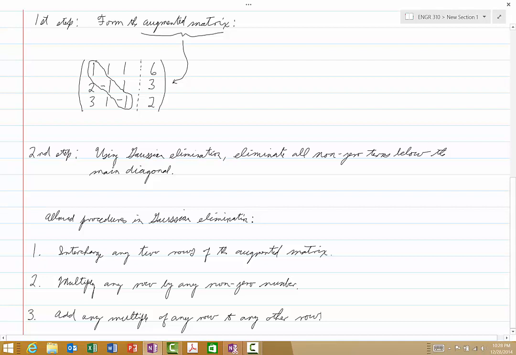So now, using these procedures, and only these procedures, we want to see how to eliminate the non-zero terms below this main diagonal, and furthermore how that will allow us to easily solve the system of equations. So let's copy this system, copy this augmented matrix, and then proceed.